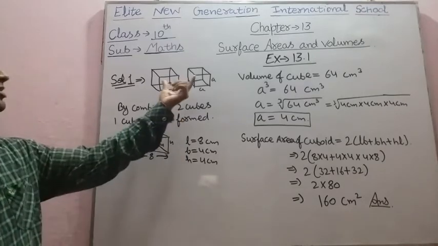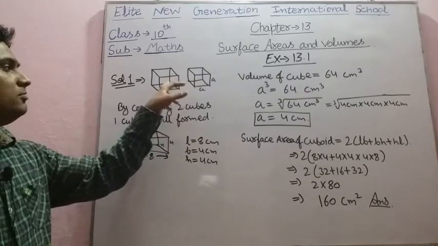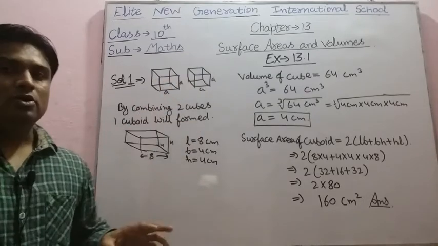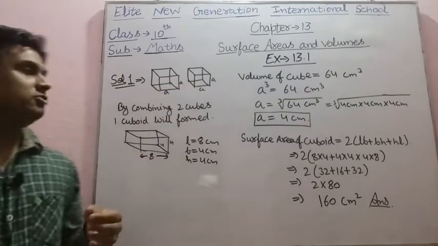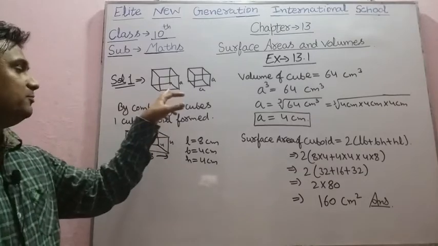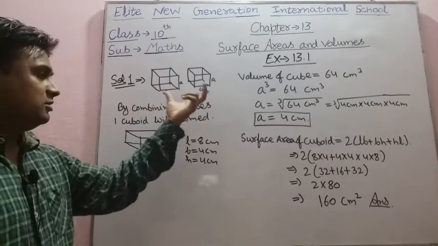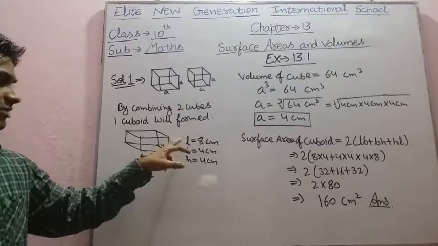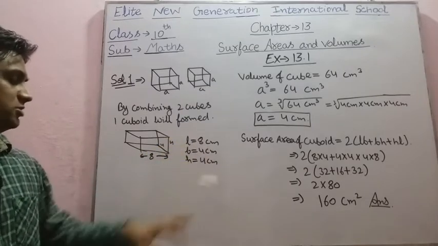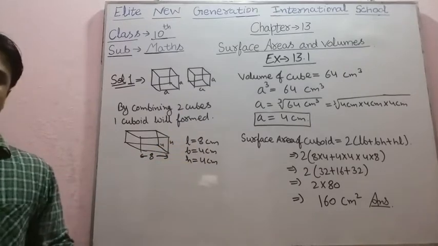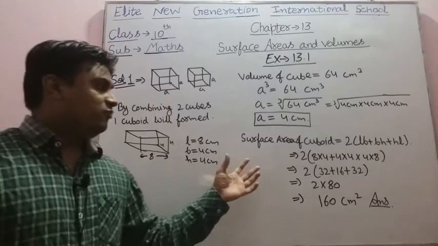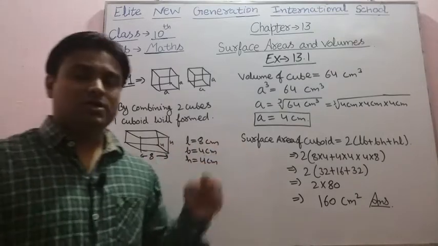When we join these two cubes, there is no change in breadth and height, only the length changes, and it doubles. Previously the length was 4, now it will become 8. Now we have to find the surface area of the resulting cuboid.